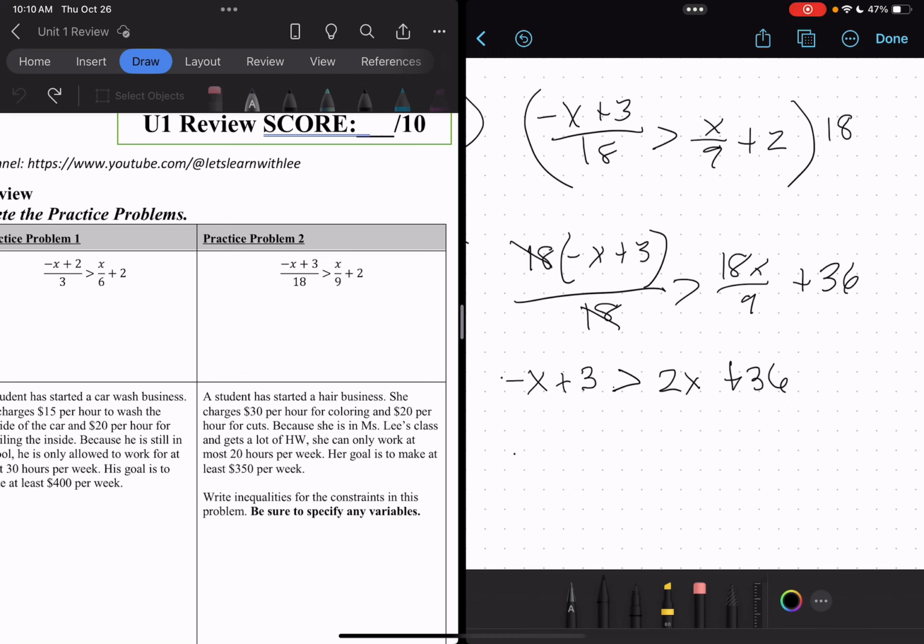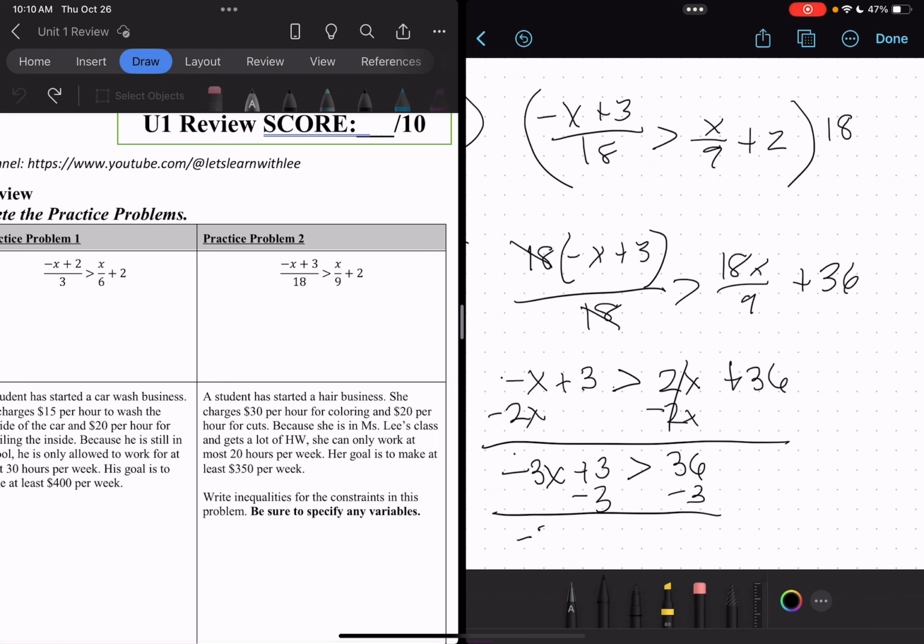Now I'm going to subtract 2x from both sides, and I'll get negative 3x plus 3 is greater than 36. Subtract 3 from both sides, and we get negative 3x is greater than 33. I'm going to divide by a negative, so my sign is going to flip, and we get x is less than negative 11.